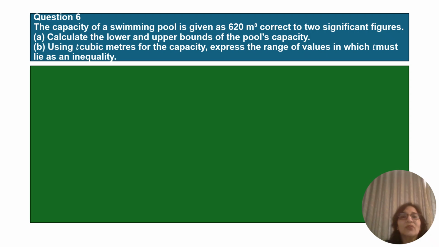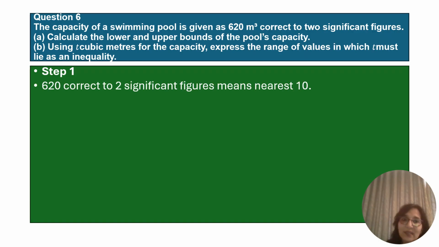The capacity of a swimming pool is given as 620 cubic meter, correct to two significant figures. Calculate the lower and upper bound of the pool's capacity. Using T cubic meters for the capacity, express the range of values in which T must lie as an inequality. So what is step 1?